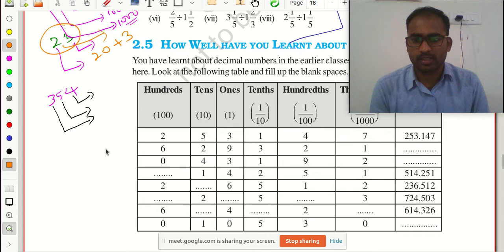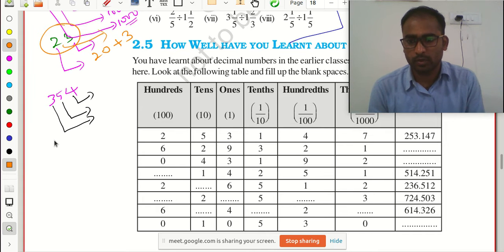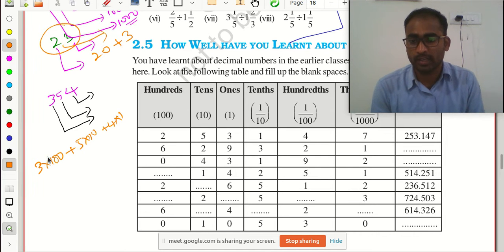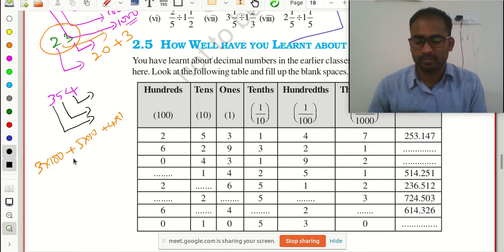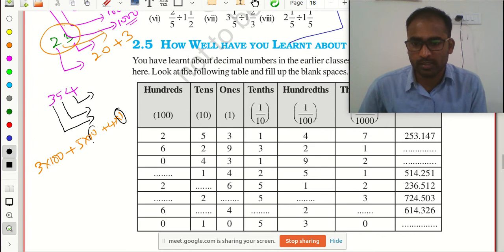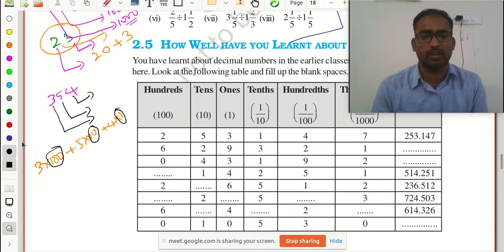Same, this 354 I can write as 3 multiplied by 100 plus 5 multiplied by 10 plus 4 multiplied by 1. I can write it in this way. That is why this is in the ones place, this is in the tens place, this is in the hundreds place. Understood now what the concept is?